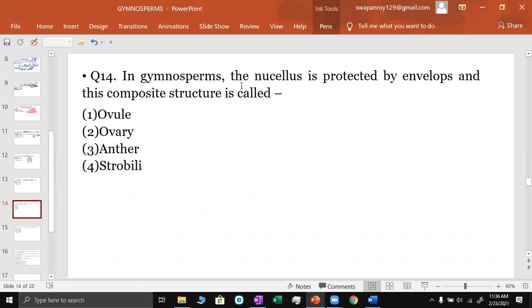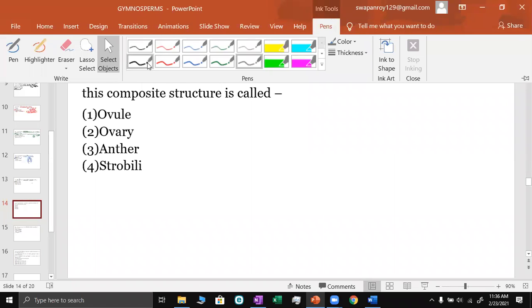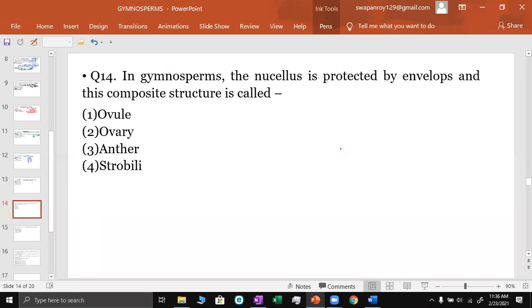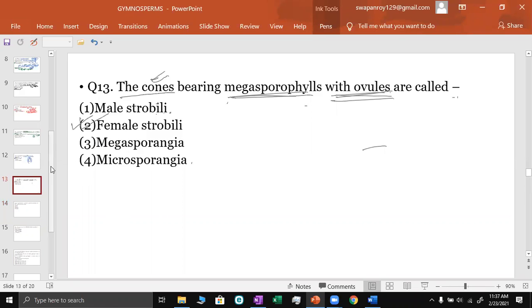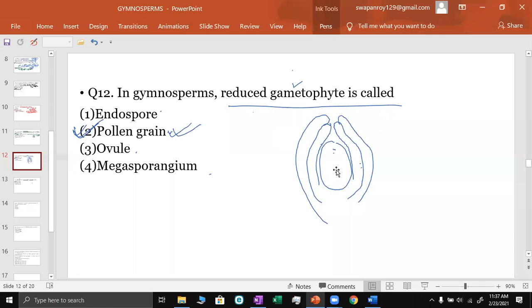14. In gymnosperm, the nucellus is protected by an envelope, and this composite structure is called... just now I have drawn the structure. This one is the nucellus, and the envelope is there.